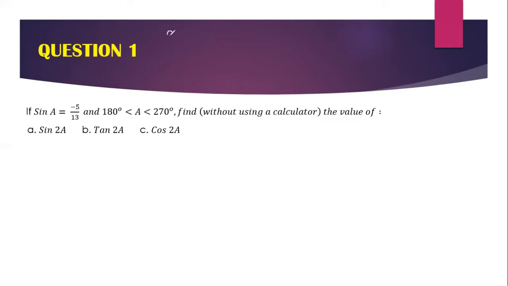Sine 2A equals 2 sine A times cosine A. And then tangent 2A equals 2 tangent A over 1 minus tangent square A.